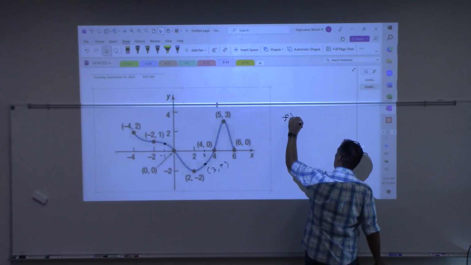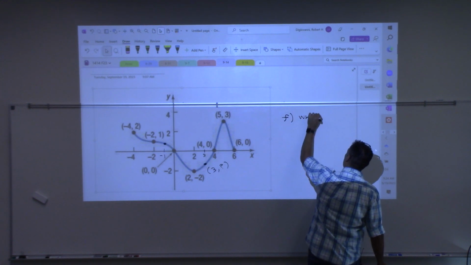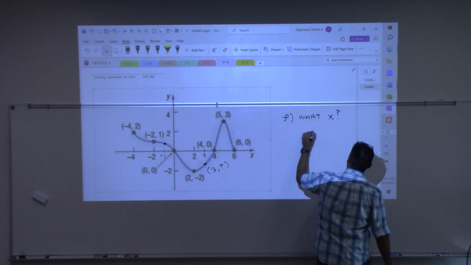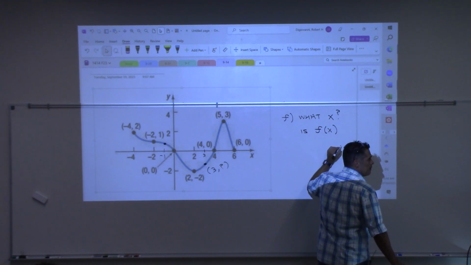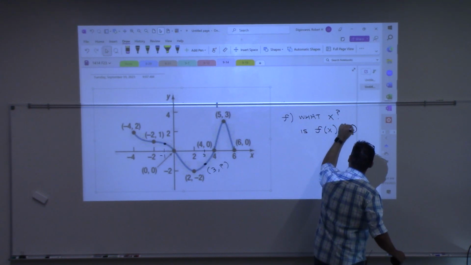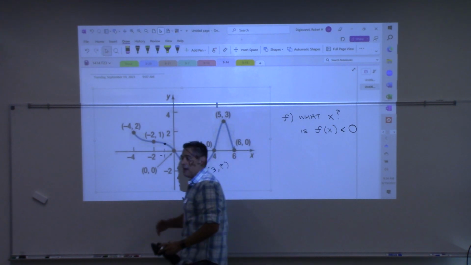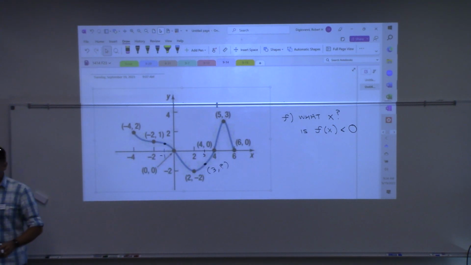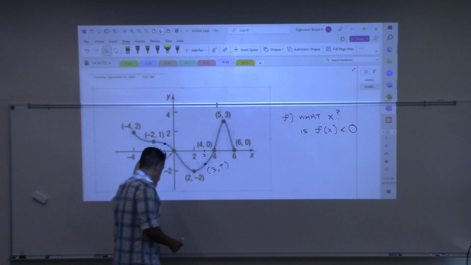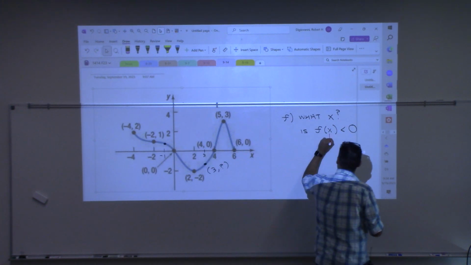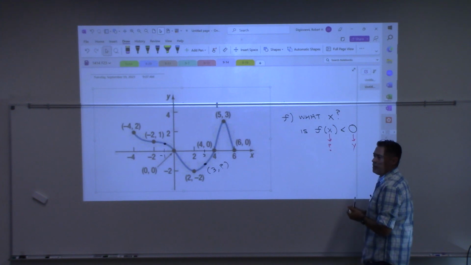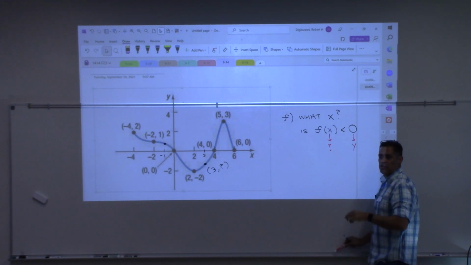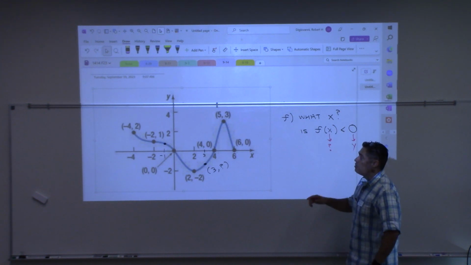It's saying for what x is f of x less than 0? That means negative, right? So it's asking for what x values is your y value going to be smaller than 0, which means below the x-axis.